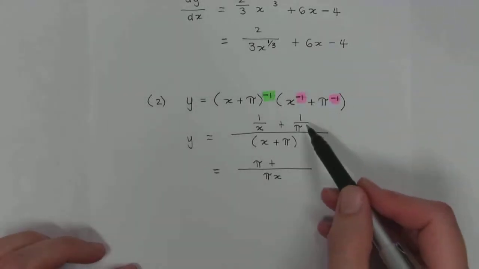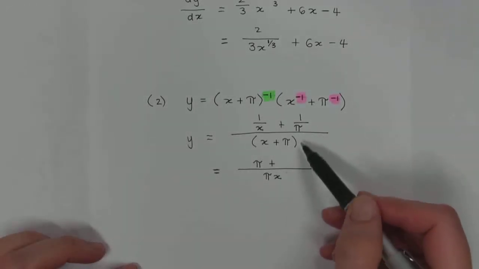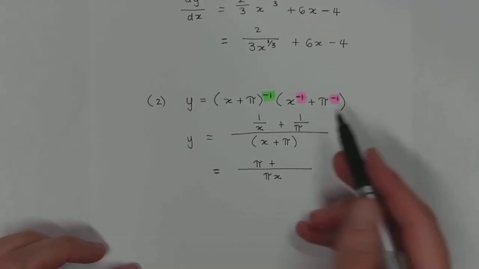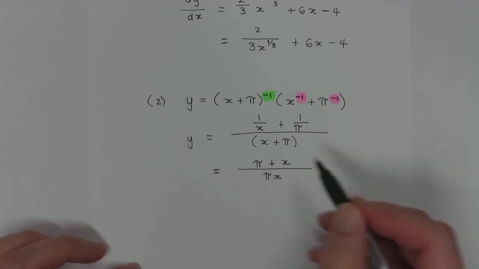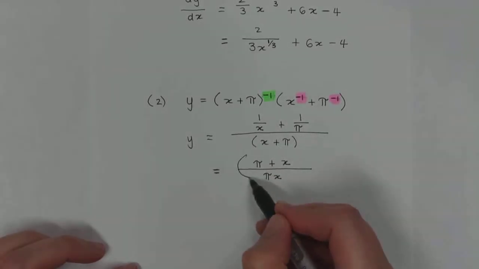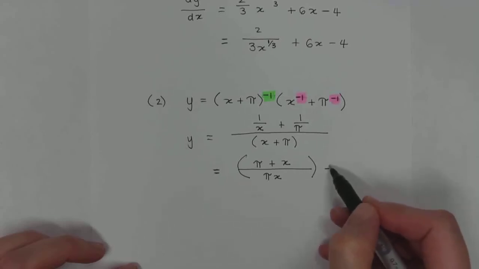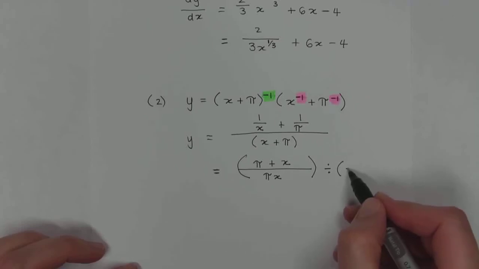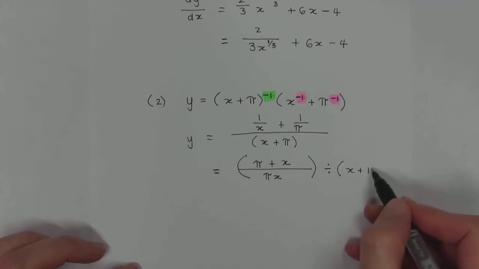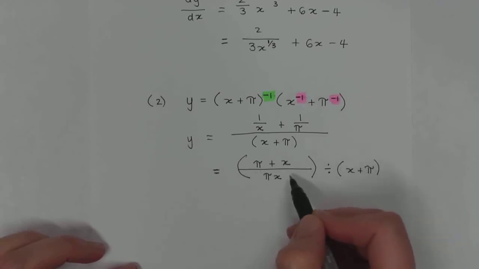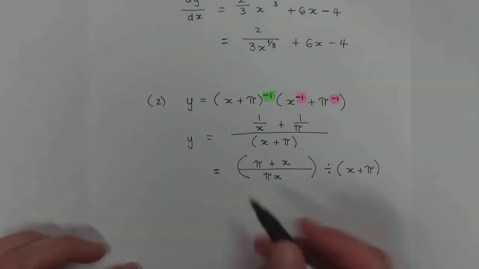Plus, there I need to change that denominator to pi x. I need to multiply by x, so this is going to become plus x. So I've now simplified this top fraction, and it's going to be the top fraction divided by the expression at the bottom. So it's going to be my numerator, simplified, divided by my denominator.